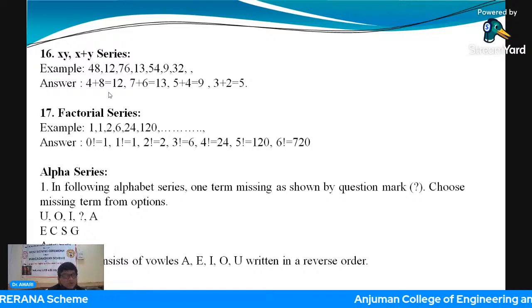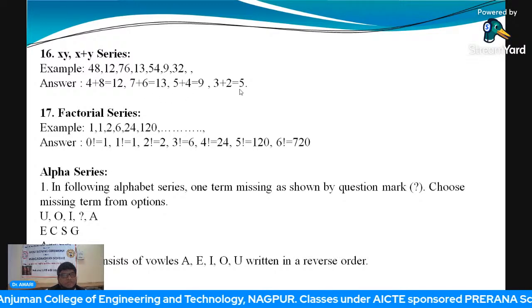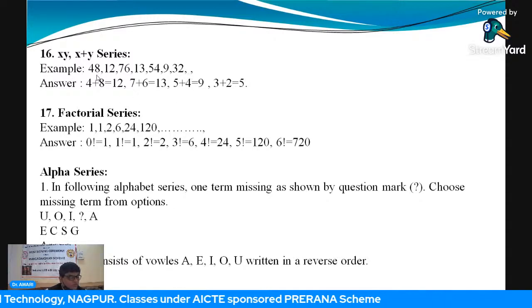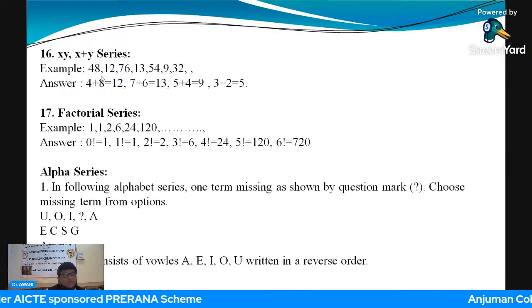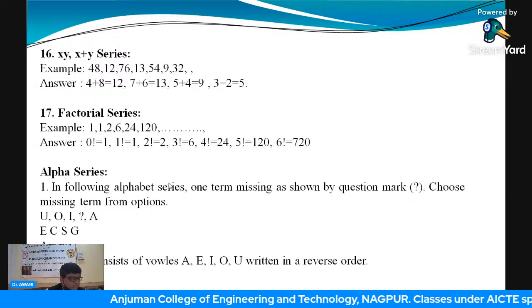So the answer is 4, 8, 4 plus 8 is 12, 7 plus 6 is 13, 5 plus 4 is 9, 3 plus 2 is 5. Like this, you see that this number is missing. This is a different kind of number. So this is the xy or x plus y series.